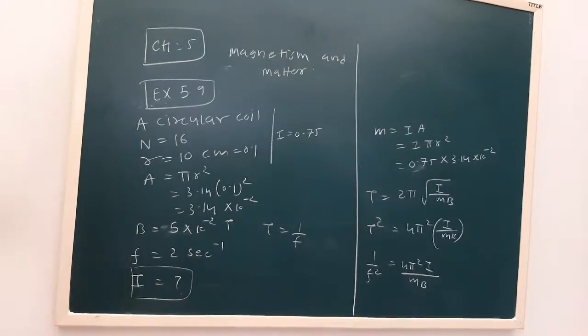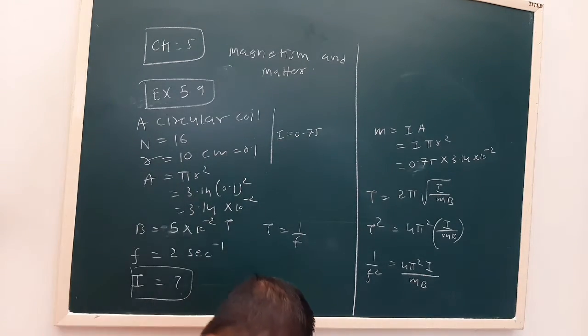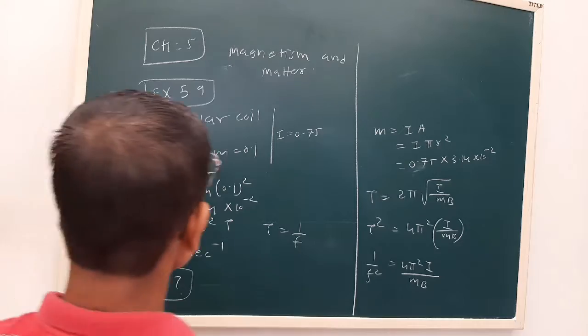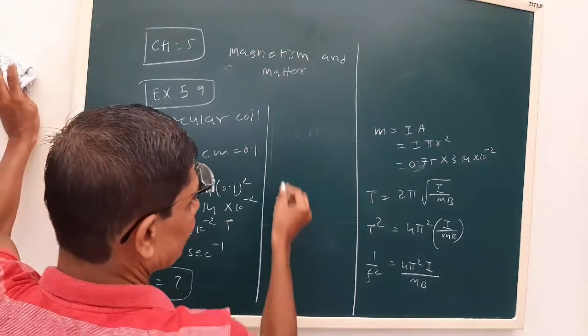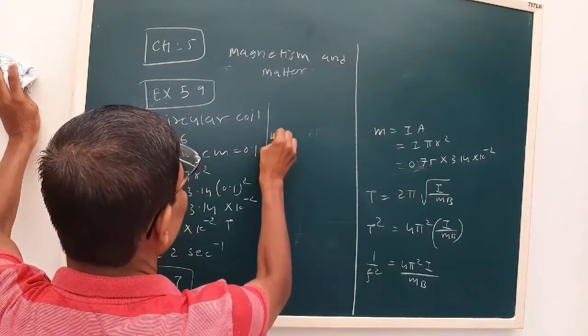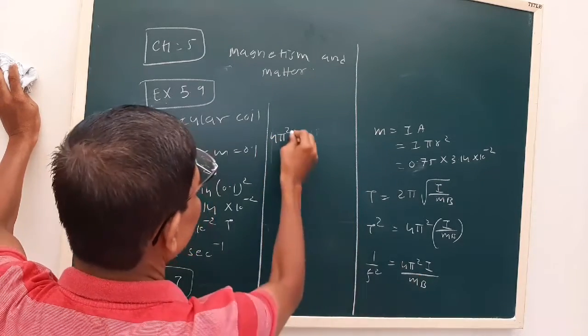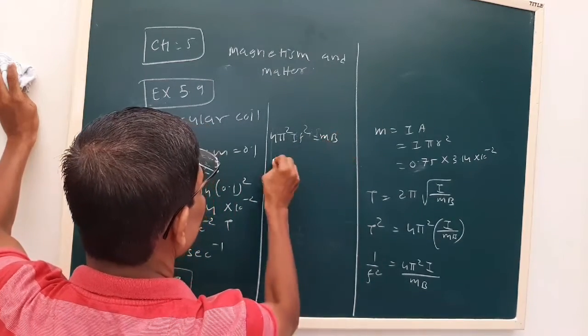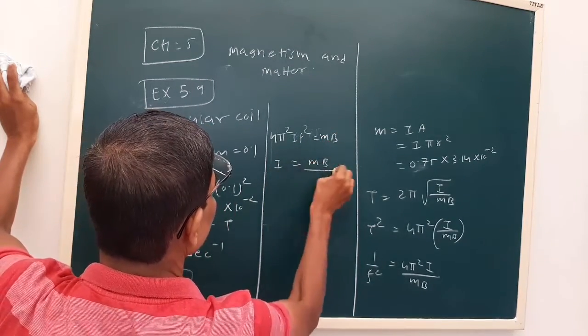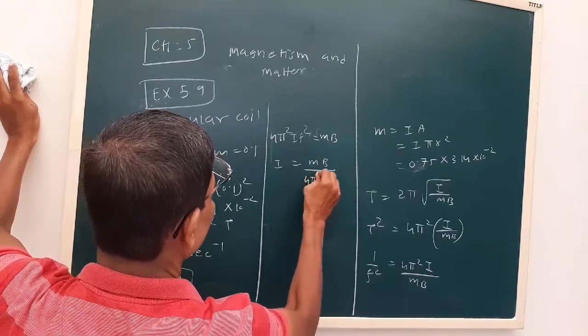What you have to find out is I, so we make I the subject of the equation. 4 pi square I f square is equal to mB, so I is equal to mB upon 4 pi square f square.